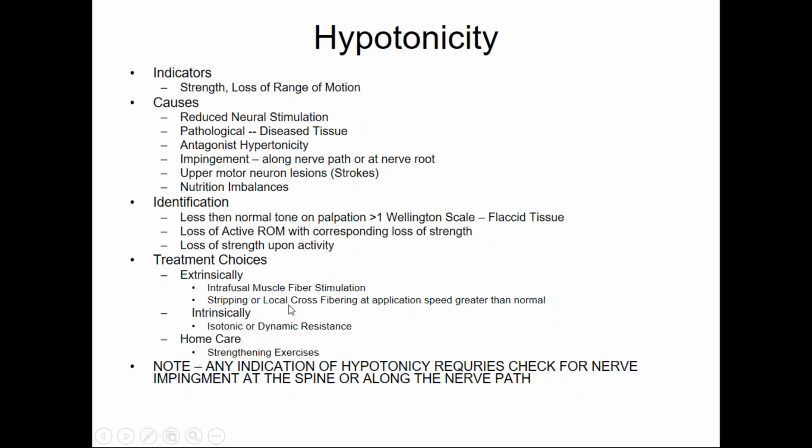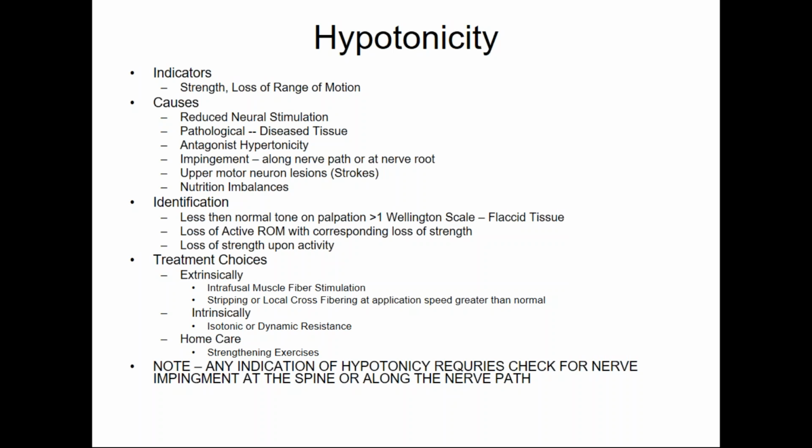The same thing with stripping. Another technique that you can use is stripping and local cross-fibering. However, when you apply these particular techniques, you need to elevate the speed of the application in order to cause the spindle to fire.